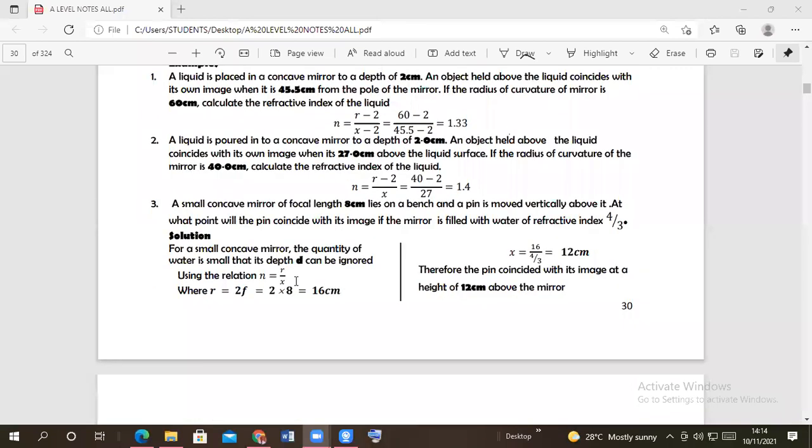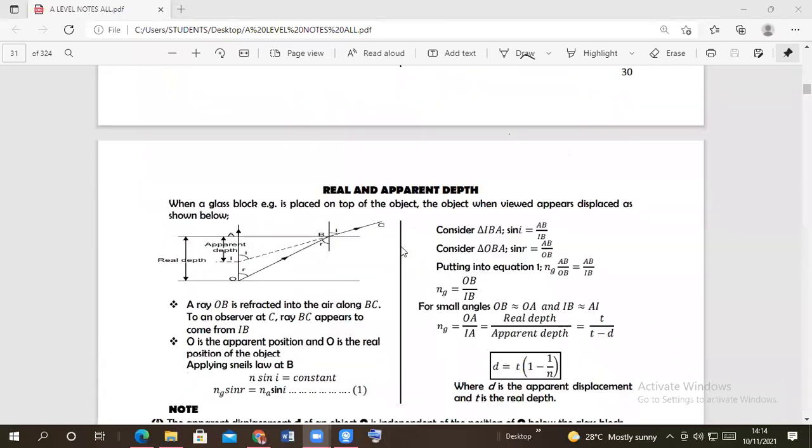So today we are going to look at the real and apparent depth. We have already looked at real and apparent depth in our year 1 or senior 4, something like 3 years back.